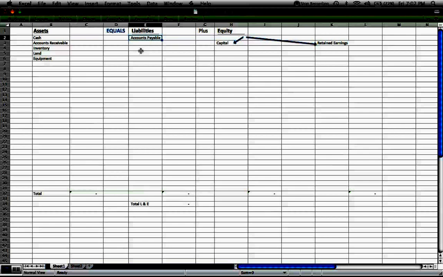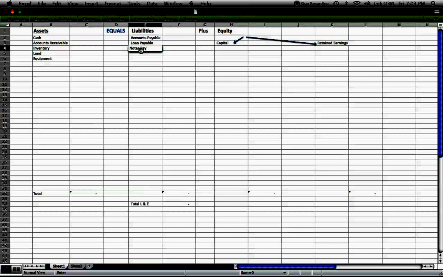Now, one hint I can give you is that all these liabilities tend to have the word payable in there. Okay. For example, you could have a loan payable. So you go to the bank, you borrow money. That is a loan payable. Sometimes it's called a notes payable.